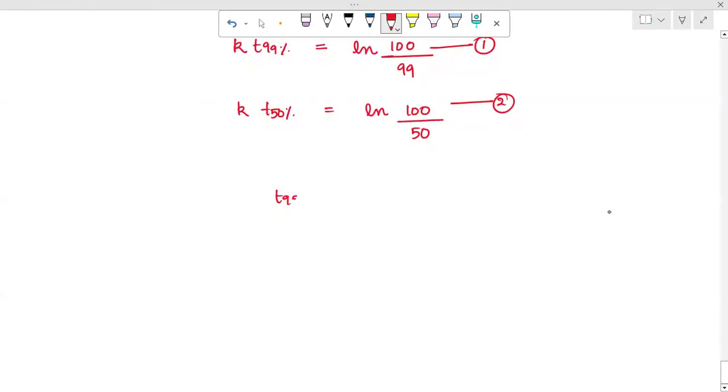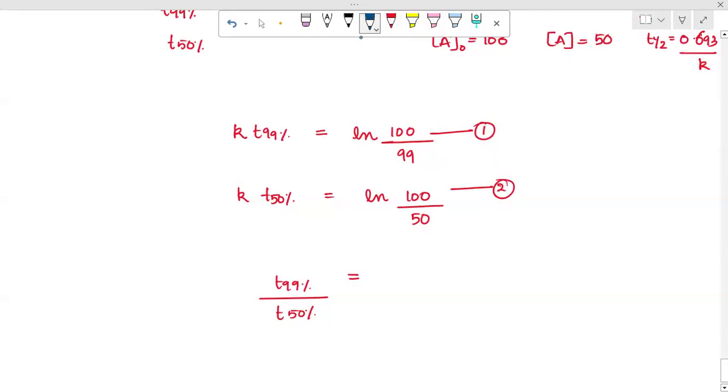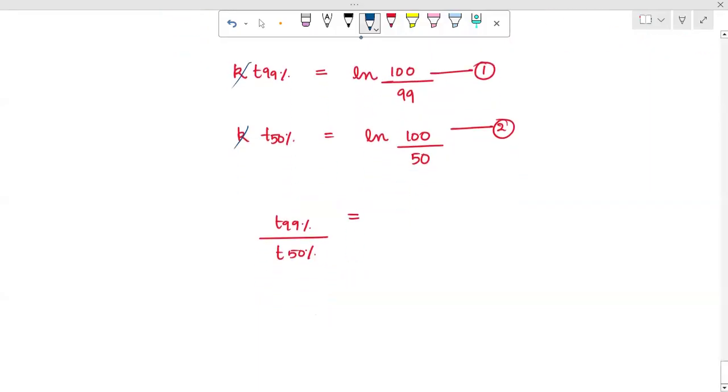So t99 by t50 is going to be, my rate constant of the reaction is not going to change if I divide 1 by 2, so k and k get cancelled. So you have ln 100 by 99. Let me calculate, please. 100 divided by 99.